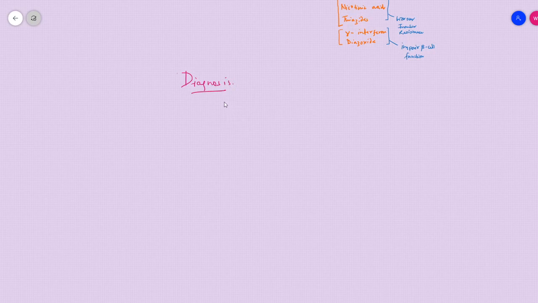As in other clinical situations, it's based on evaluation of the patient, and the evaluation of the patient leads us to the symptoms.